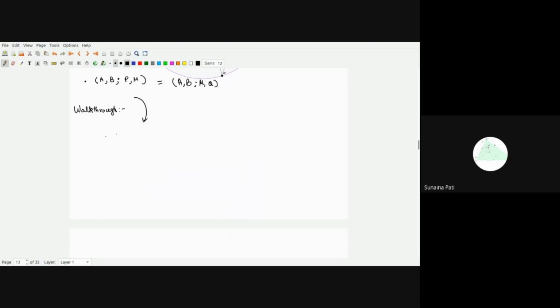So we get PA by PB, MA by MB, MB by MA, and then QB by QA. And MB by MA is what? It's 1. And MA by MA is also 1. So what do you get? PA by PB is equal to QB by QA.